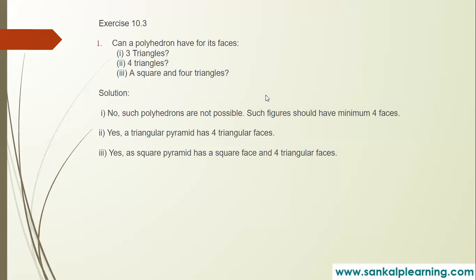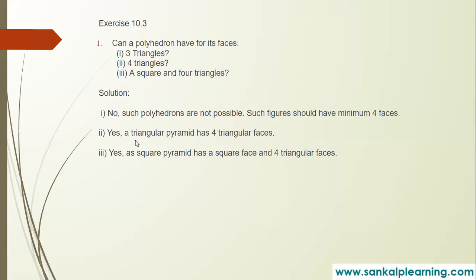See, 1 triangle will be at the bottom, ಅಲ್ಲಿ ಒಂದು ಇಡ್ತೀರಾ, and 2 side ಅಲ್ಲಿ ಇಟ್ರೆ, okay, one will be opened only. Right now it will not be closed, so we cannot make polyhedron by using 3 triangles. It is not possible.